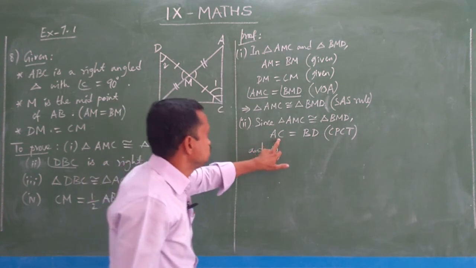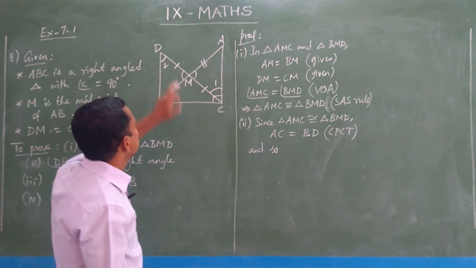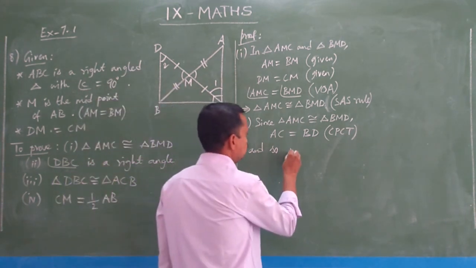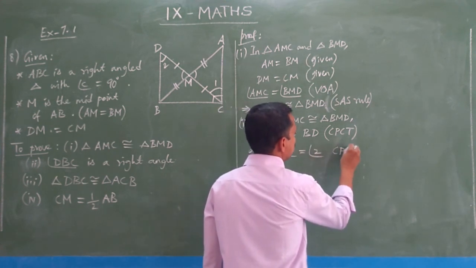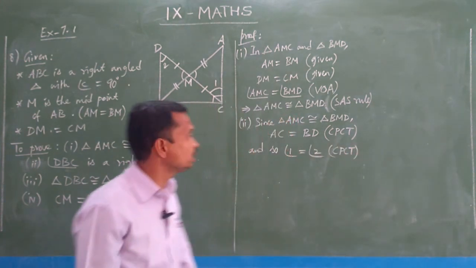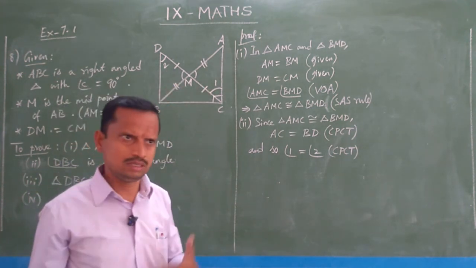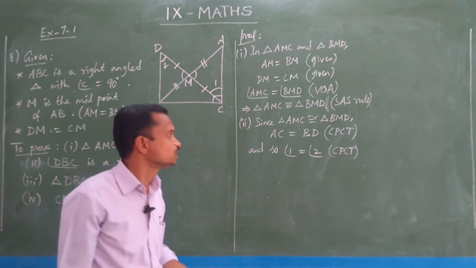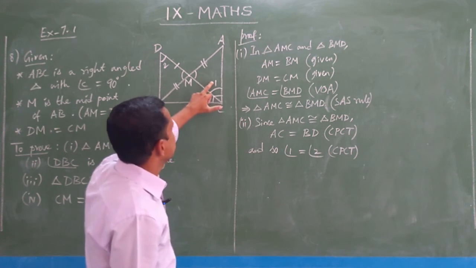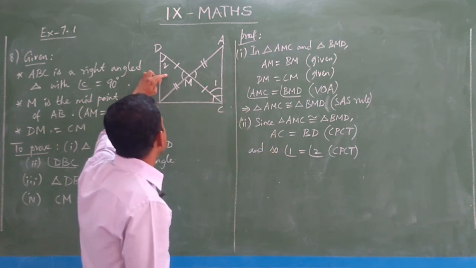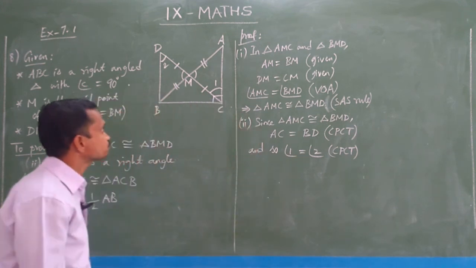So we have taken by CPCT AC equal to BD, and also you can take angle 1 equal to angle 2, by the same concept CPCT. The remaining corresponding parts, either angles or sides, are equal. From this AMC triangle I have taken angle 1, and from the DMB triangle I have taken angle 2. They are equal by CPCT.